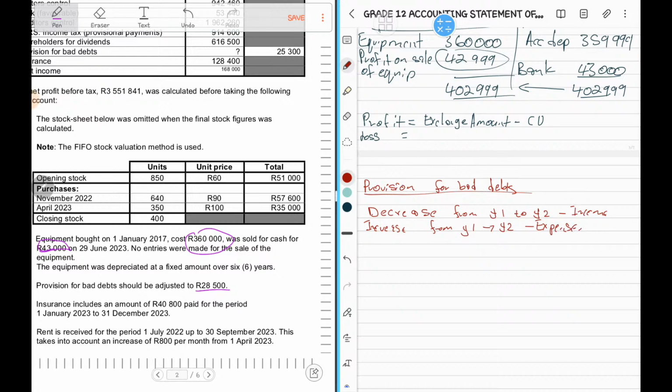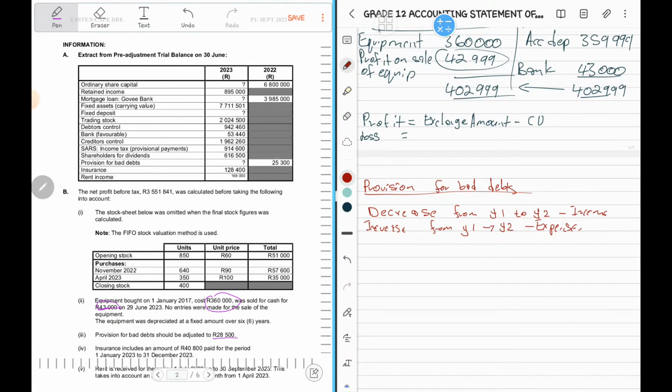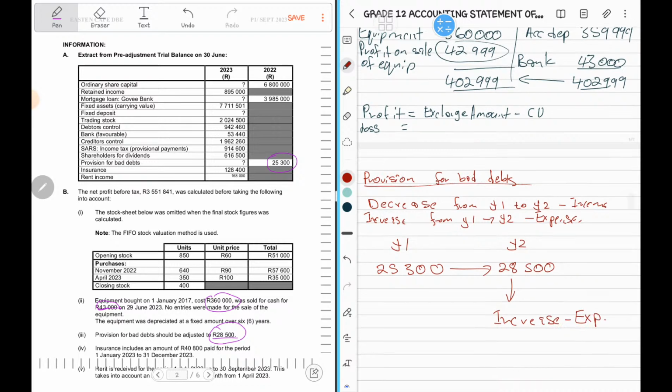Now if we notice something, provision for bad debts, which was calculated for 2022, for year 1 it's 25,300. Then for year 2 it is 28,500. If you notice here, it has increased, and when it increases, therefore it is an expense.